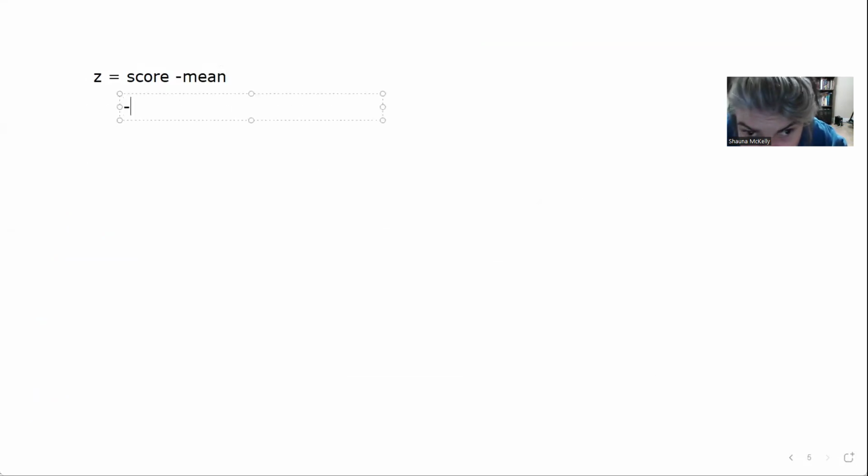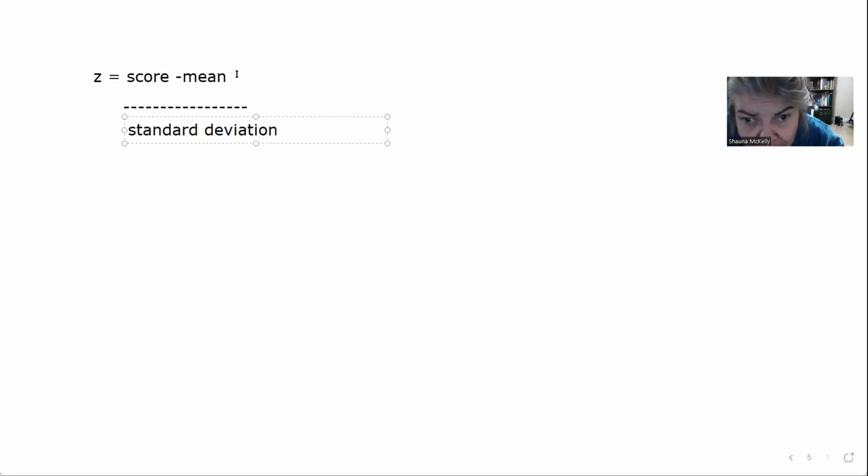That's essentially what's happening. Now, that's the formula for your z-score, okay? And so what's happening is we have the mean in the middle, we have the score, we're finding the difference between the two, and we're dividing by whatever the standard deviation is. So what we end up finding is how many multiples of the standard deviation away from the mean we are. That's essentially what we're doing. So a z-score is a number of standard deviations from the mean.